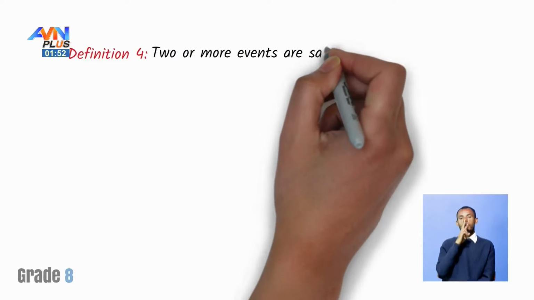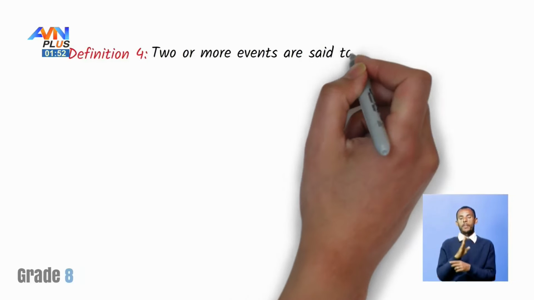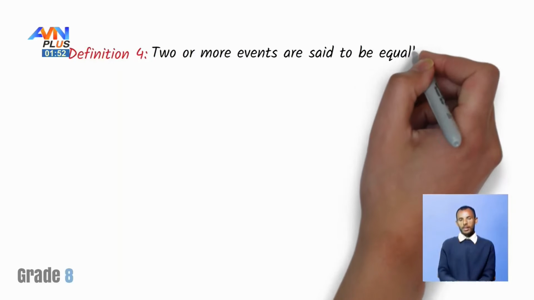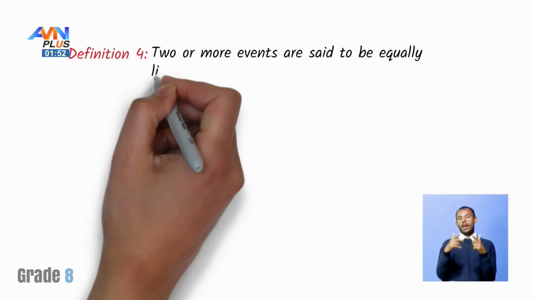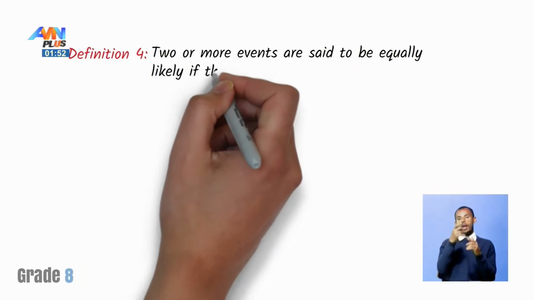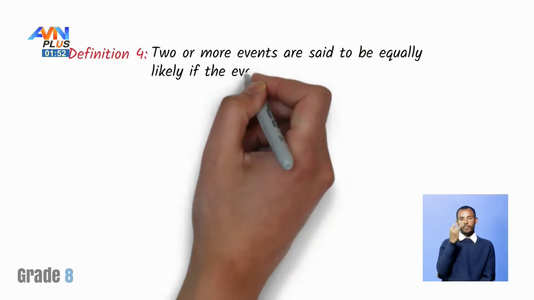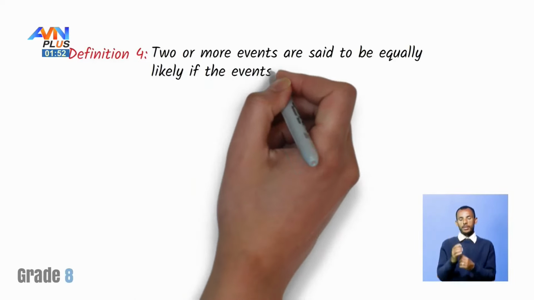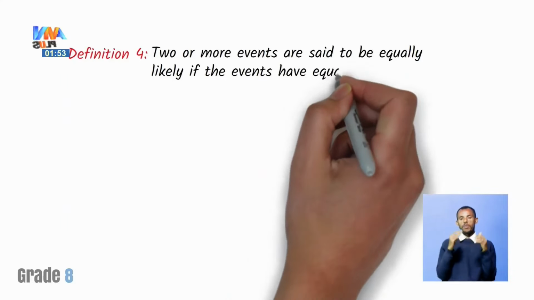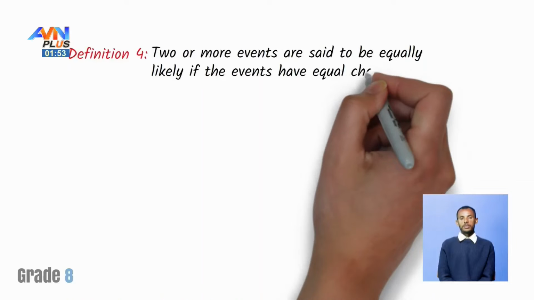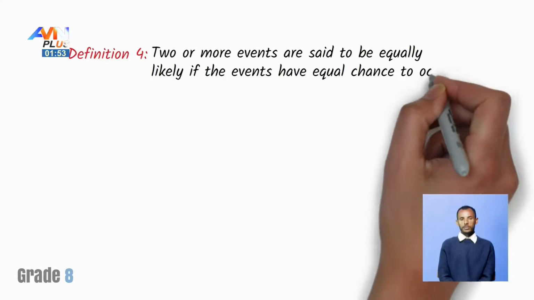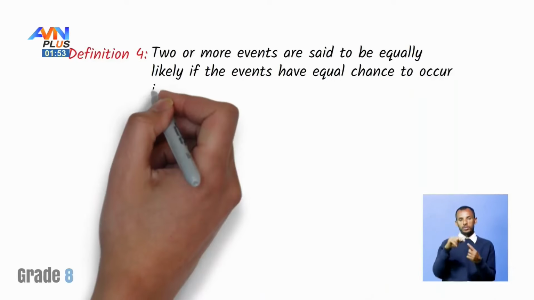are said to be equally likely if the events have equal chance to occur in the experiment.